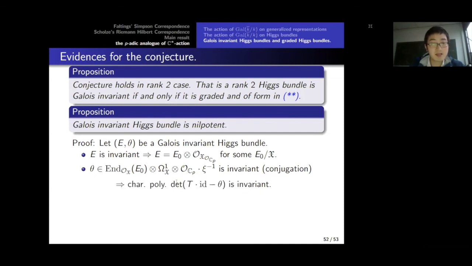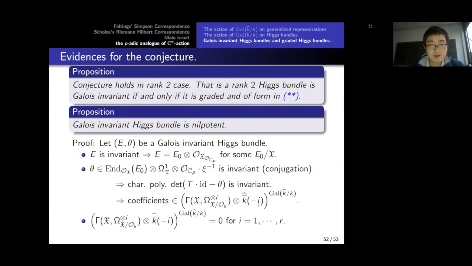And then we take the characteristic polynomial of this Higgs field, which is also Galois invariant. The coefficients are located in this group, where this is a twist.